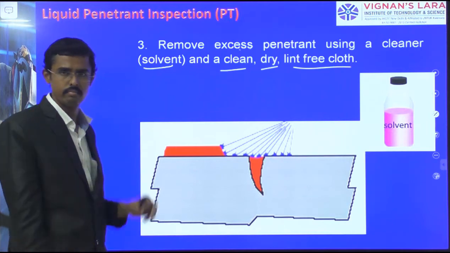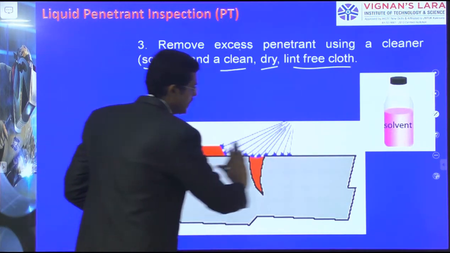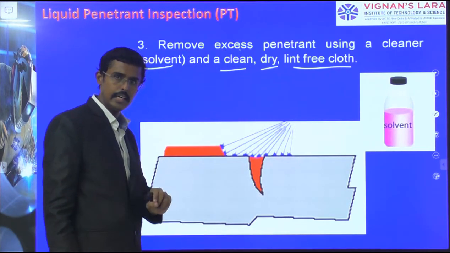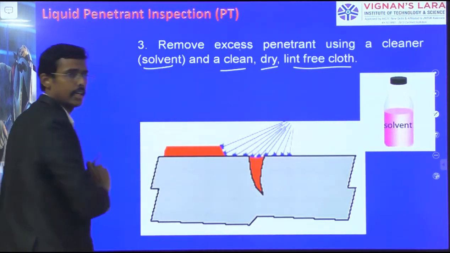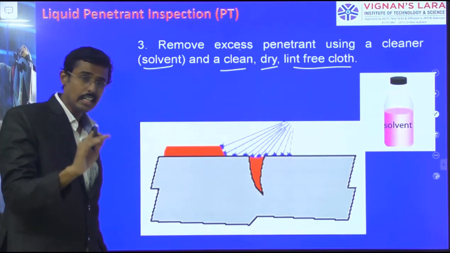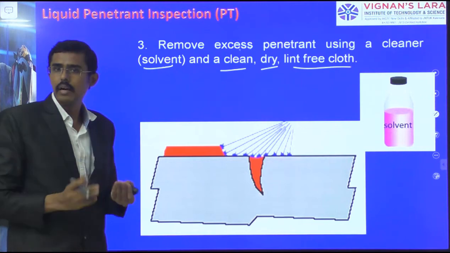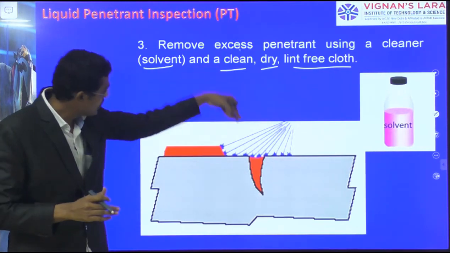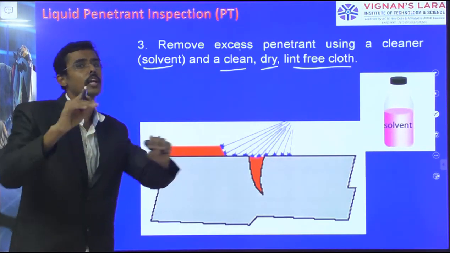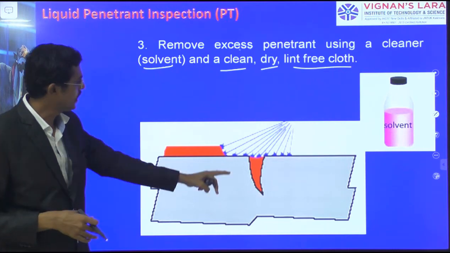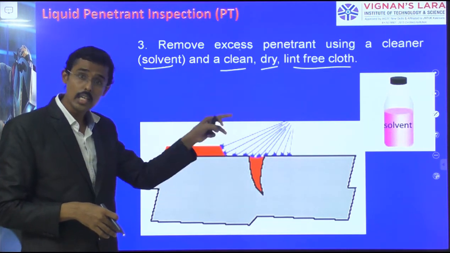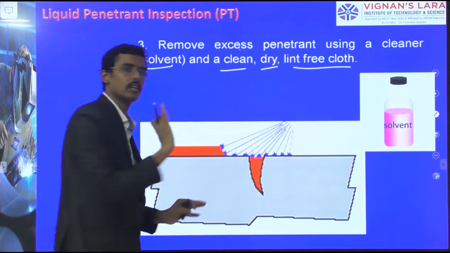Now it is dried. Here we have applied the penetrant and later wiped it out and cleaned. Only the surfaces are wiped, but the penetrant which went into the crack cannot be cleaned. Therefore, the penetrant is still present even though the surface cleaning has been done.